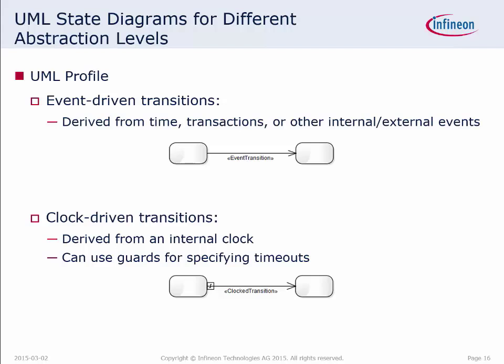So either if he's modeling state machines for TLM or if he's modeling state machines for RTL. And as I said, the UML tools already provide that you can even define other representations of your extended diagrams.